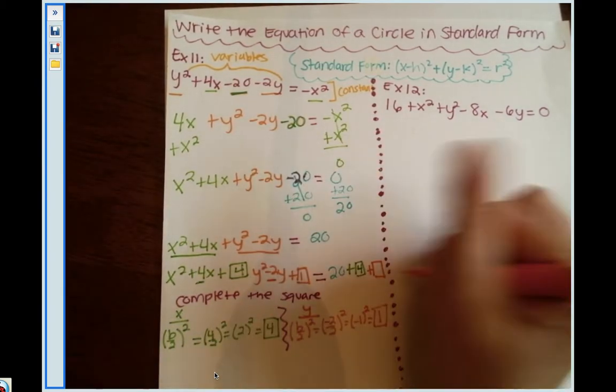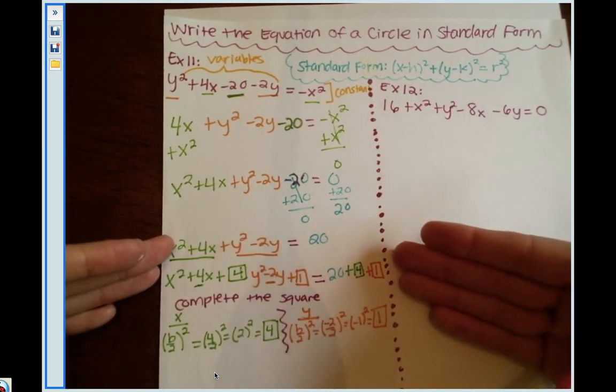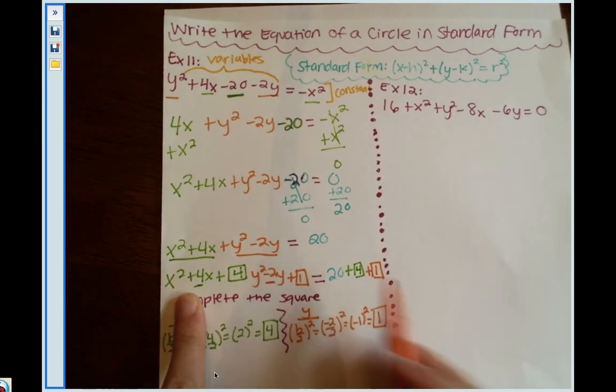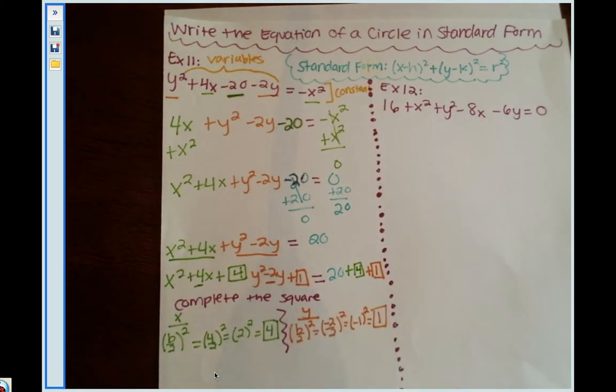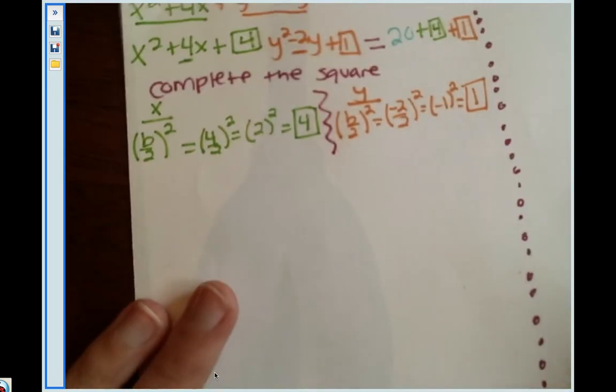So 1 and 1. Now I'm going to rewrite this equation. This time I'm going to combine my like terms, and I'm still going to color code because I think it'll help you see the equation come together. I'm going to start zooming in more because I feel like I'm getting far away.